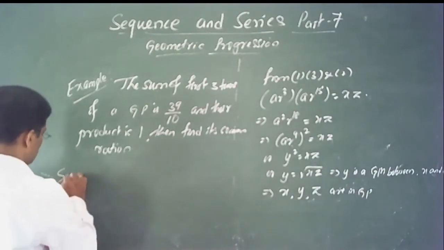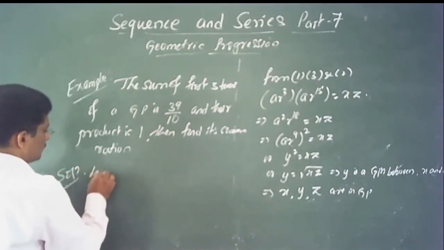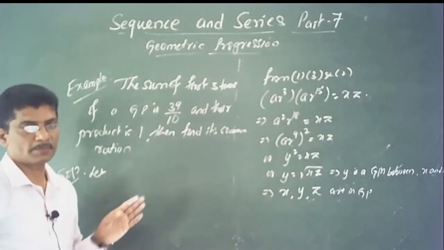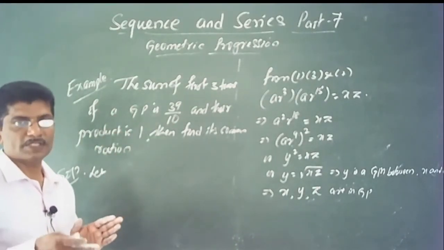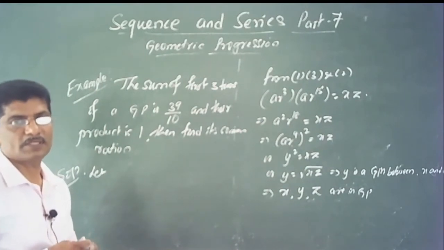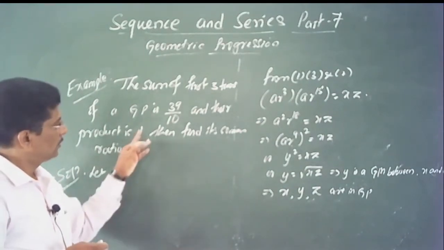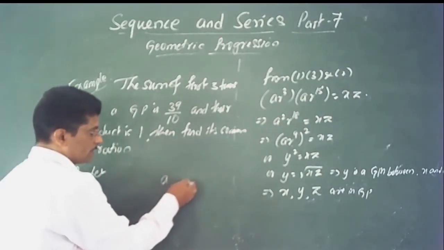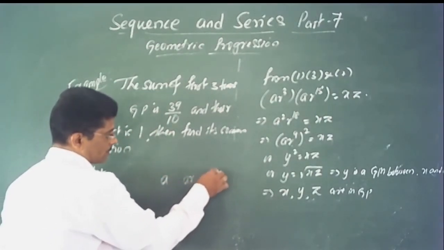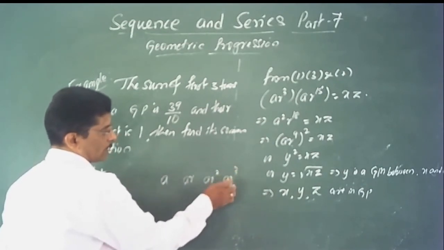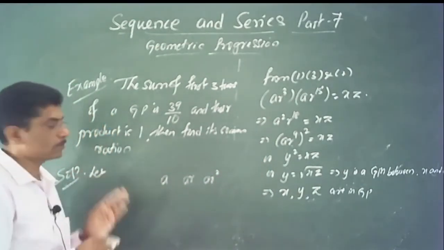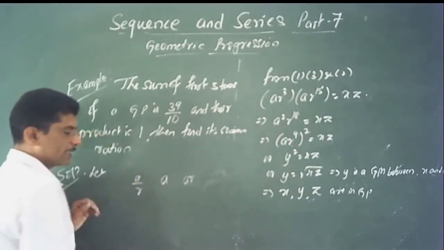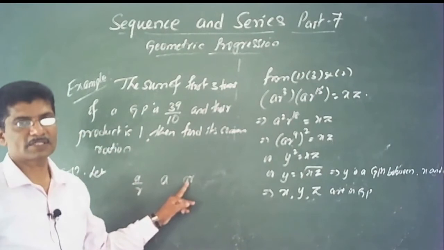Here also, given that the sum of the first 3 terms of a GP is 39 divided by 10, as we discussed in the last video in part 6. Usually, taking the first 3 terms means A, AR, AR square. But for calculation purposes, you can take the first term as A divided by R, the second term as A, and the third term as AR.